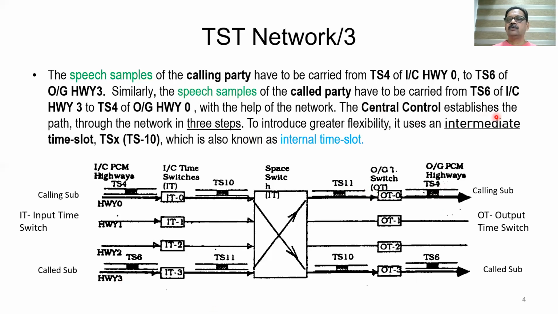The central control establishes the path through the network in 3 steps. Three different steps are involved for transferring the information and connecting the call.